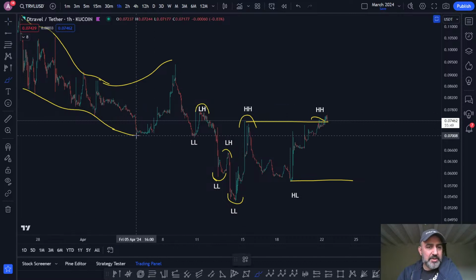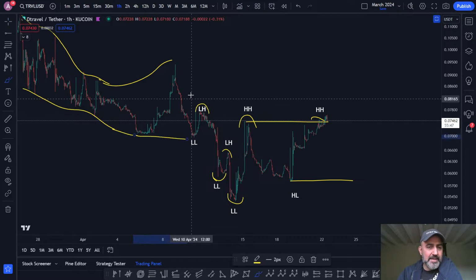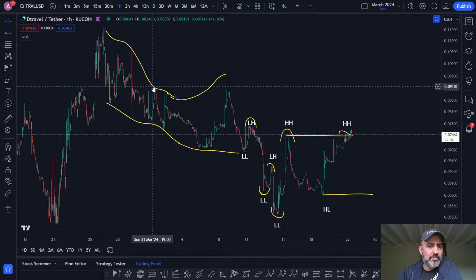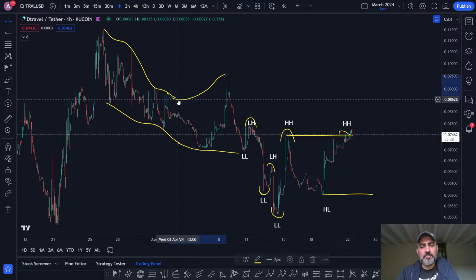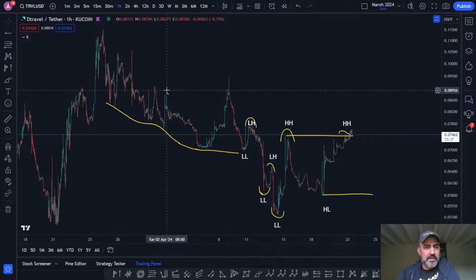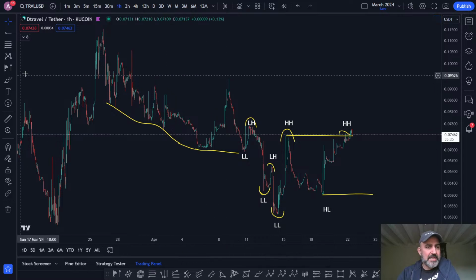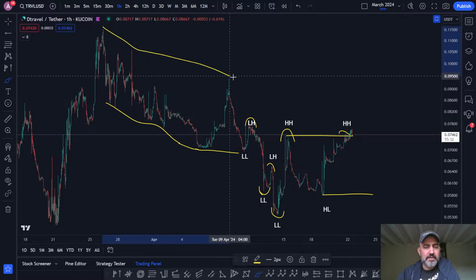Because the price came to make a lower low here, that higher high actually became a lower high. All of these lower highs became irrelevant, and this is the lower high. These are lower highs and there's your lower lows.